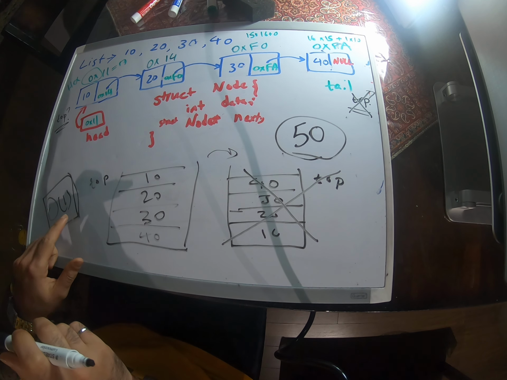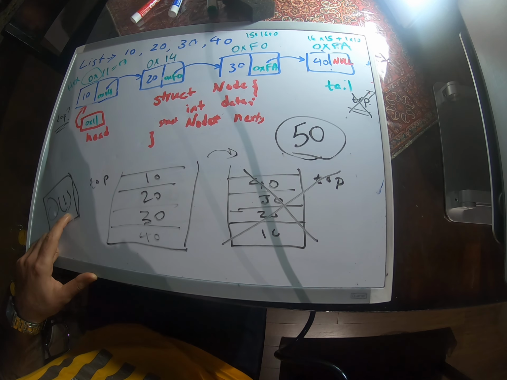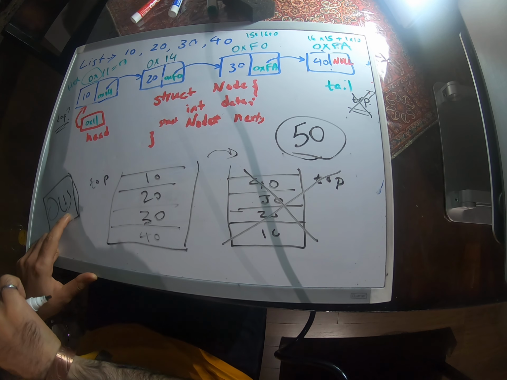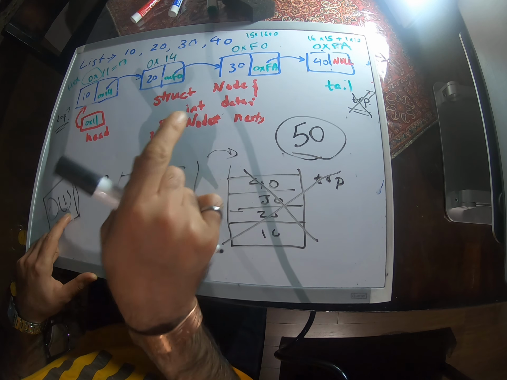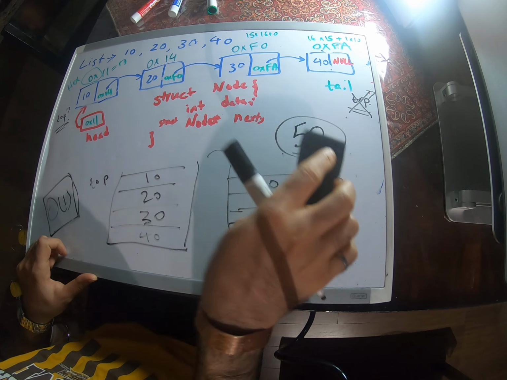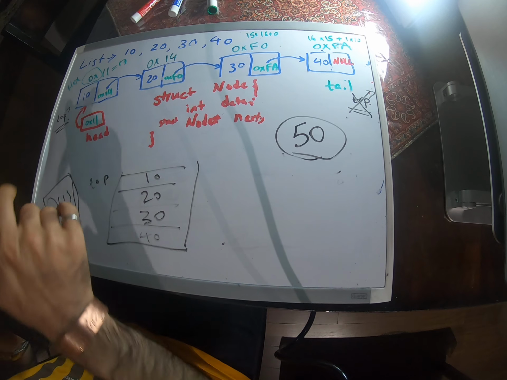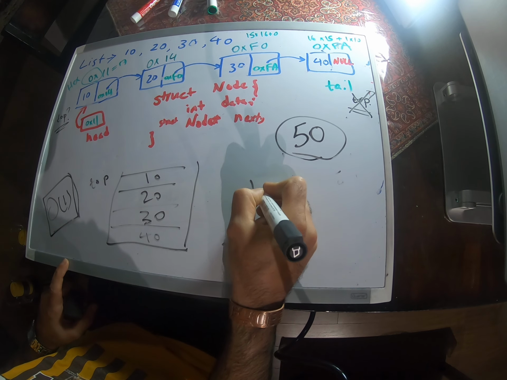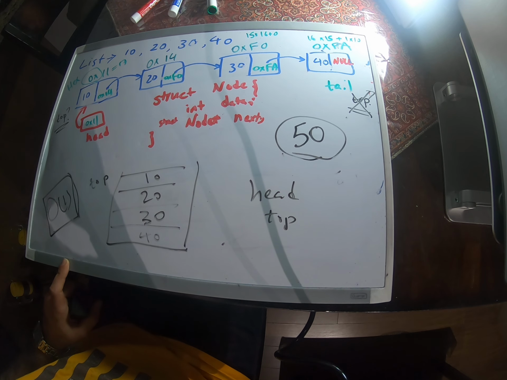It means that it should be a constant time for inserting an element, and shouldn't be dependent on the number of elements that we have in the stack. So this is what we want to have. The head is going to be the top of the list, or the top of our stack.